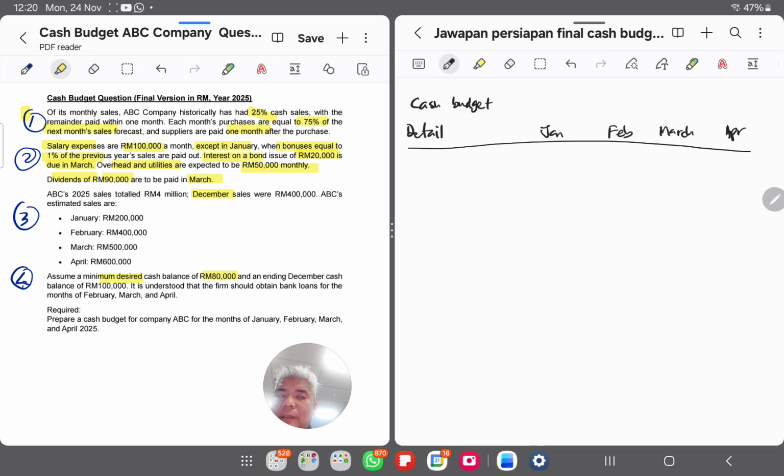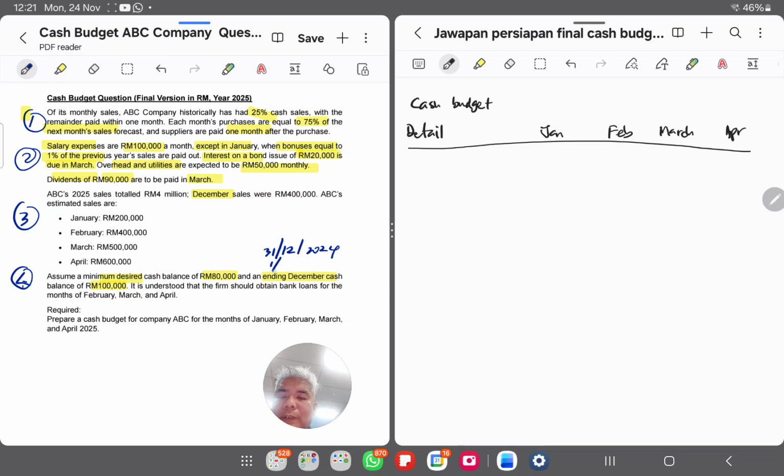And for what purpose do we need 80,000? The answer is the company needs money to run smoothly in business for the next periods. And what is the ending December cash? Last year it is 100,000. Ending means 31st of December 2024.